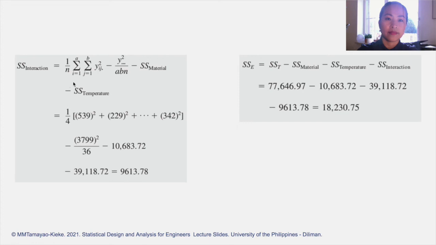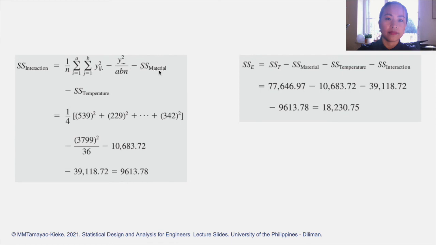The sum of squares of the interaction can be obtained by using this equation. SS interaction equals 1 over n times the sum of the squares of the totals of the observations under each combination of material type and temperature, minus the sum of squares of the material minus the sum of squares of the temperature.